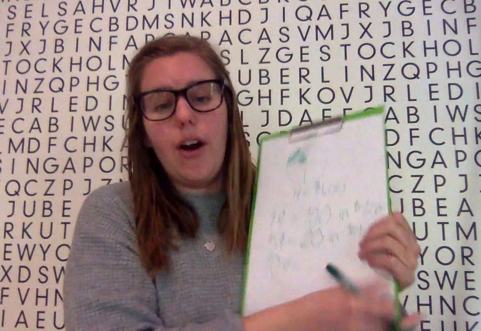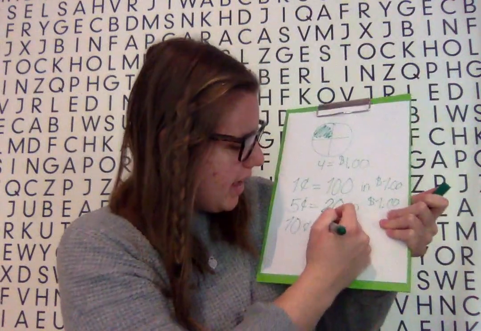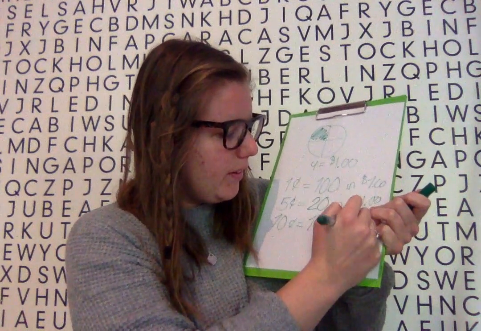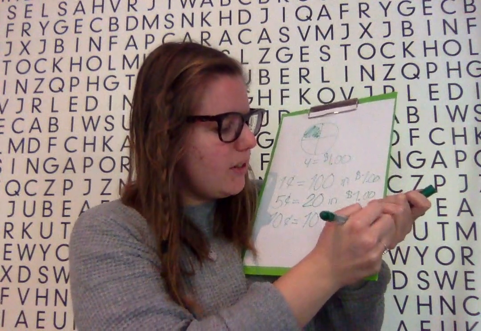So this time, we can count by tens to 100. So let's go 10, 20, 30, 40, 50, 60, 70, 80, 90, 100. So we got to 10. So there are 10 dimes in $1.